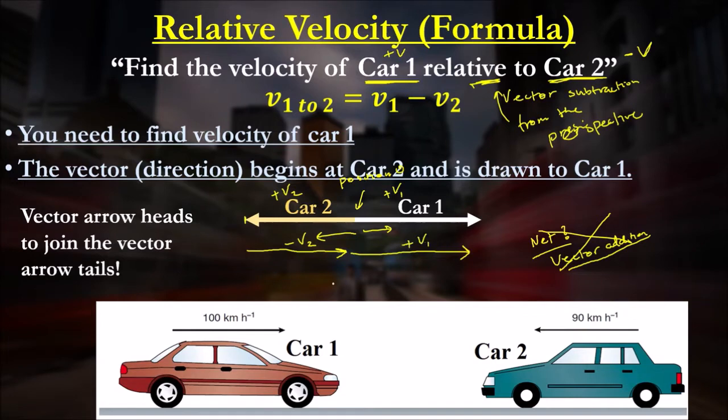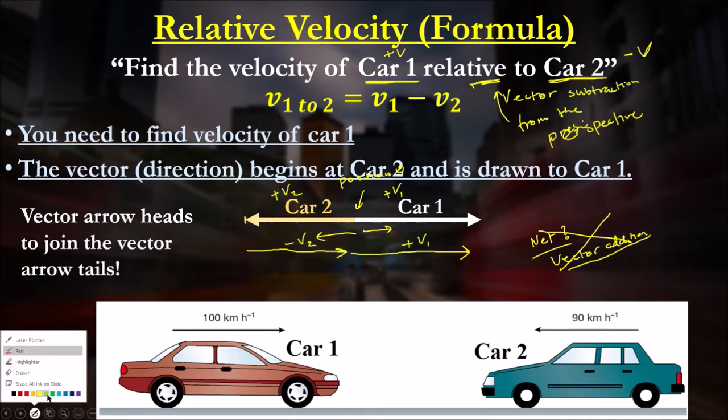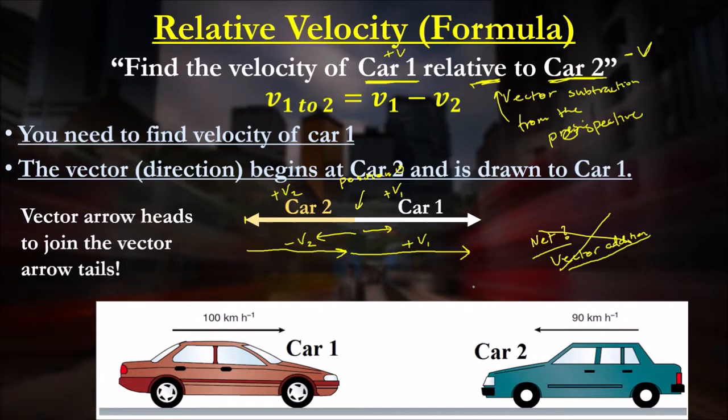So the resultant line goes across like this. Just use a different color to show. So it goes along like that. That's your resultant, or this is your v1 according to 2. And that's how you do it.